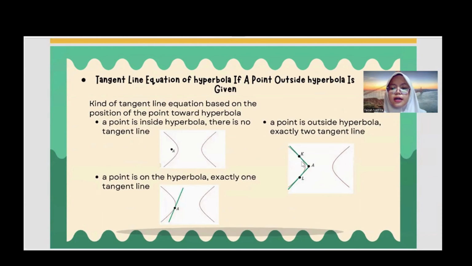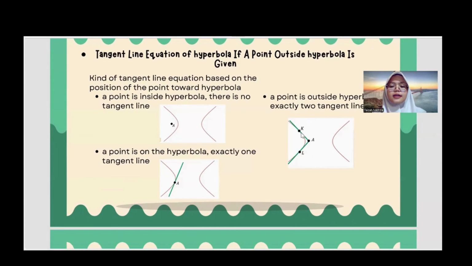Of course, there will also be two tangent points. If we connect the tangent points, in this case K and L, that we call a polar line.